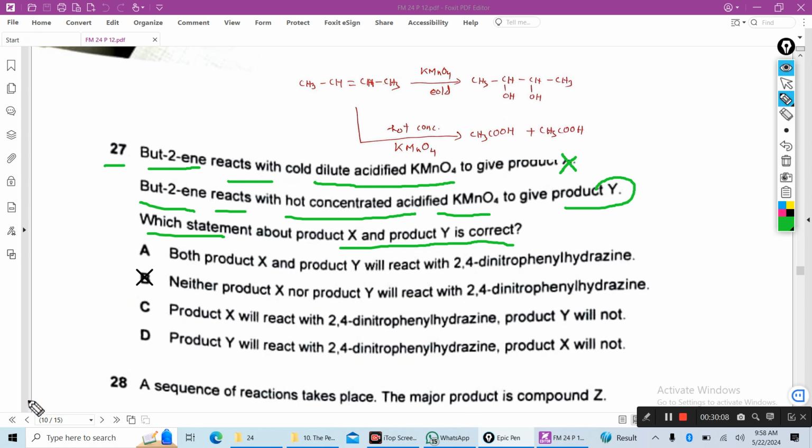So the answer is B. Neither product X nor product Y will react with 2,4-dinitrophenylhydrazine, because only aldehydes and ketones react with 2,4-dinitrophenylhydrazine. So this is the X.